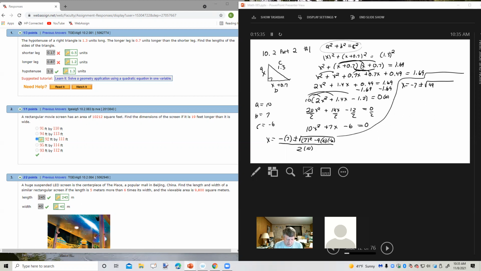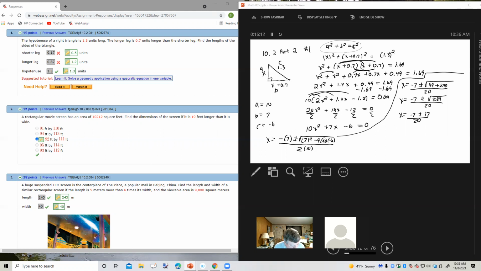We've got minus 4 times 10, which would be -40, times -6, which is going to be a positive 240, all over 20. x equals -7 plus or minus the square root of 289 all over 20. The square root of 289 comes out exactly as 17, over 20.